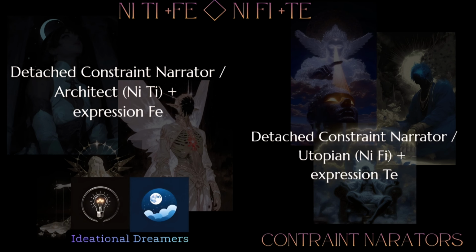That's why we call them utopians. And that inner world that they want to create is very much contingent on themselves, very personal. And that TE expression function will be extended ideation, finding ways to improve the concept that they have thought of externally as well through TE to help inform where they want to be, where they want to go, etc. And that'll be the difference between the two.